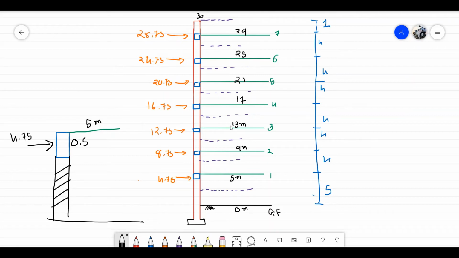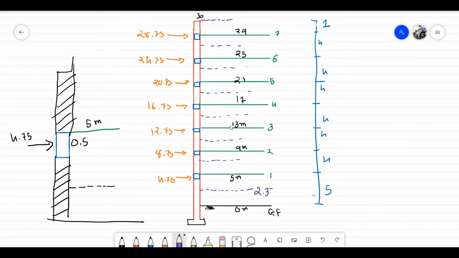What we say, half of the upper node force is half from the upper and half from the lower. So 4.75 divided by 2 means we got this purple line half. So here is 2.375.